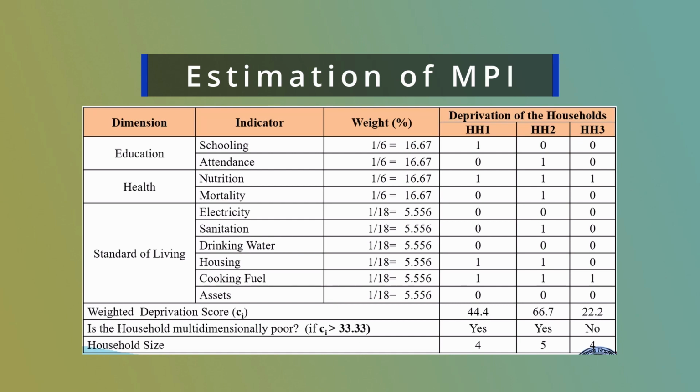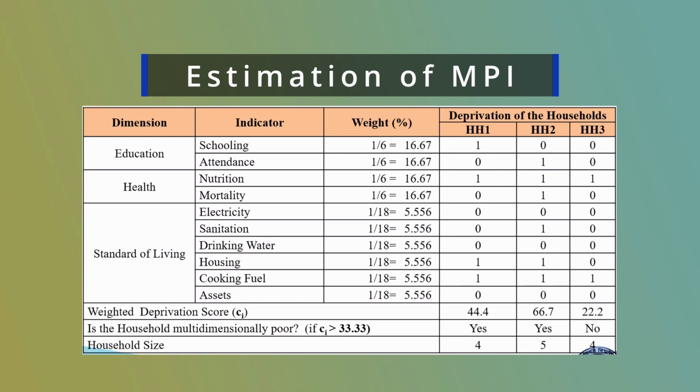Therefore, these two, household 1 and household 2, are treated as multidimensionally poor households, whereas the aggregate deprivation score of household 3 is less than 33.33, which is actually 22.2. Therefore, household 3 is not multidimensionally deprived, which is mentioned here by yes and no. Yes means the household is multidimensionally deprived. And the last row is the number of members or household size of this particular household.